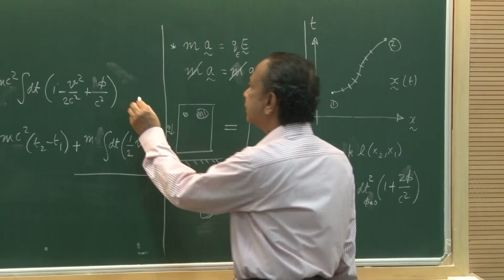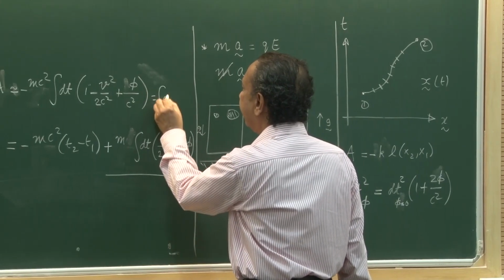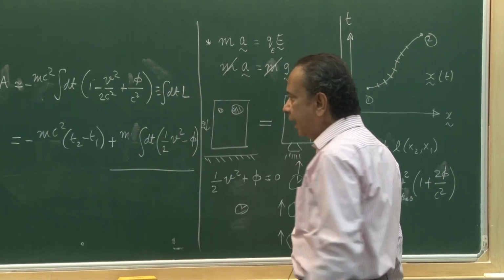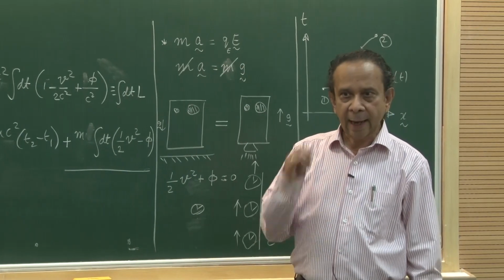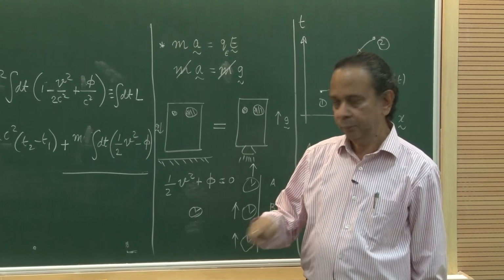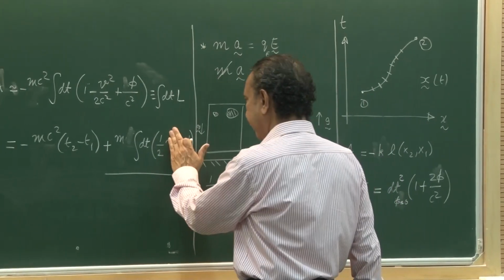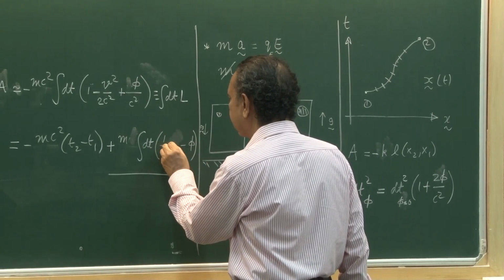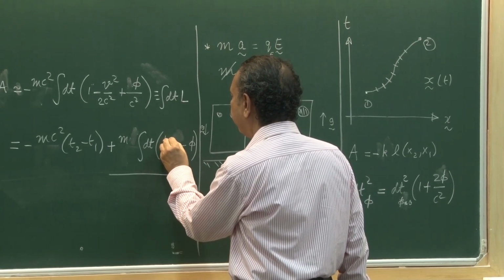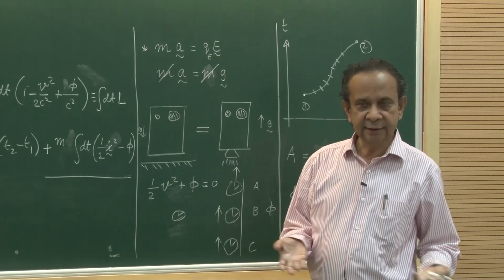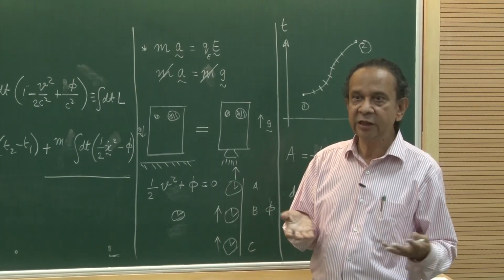That is, you write this as integral dt times a quantity L, and this L in general depends on x dot and x and on time. This v is x dot square. So, in fact, more precisely I should write it explicitly as x dot square. This phi can depend on time and position, because it is the external gravitational potential.